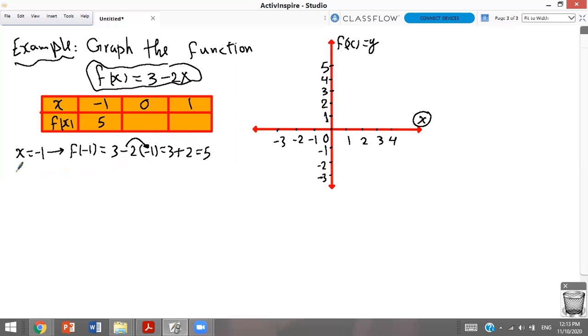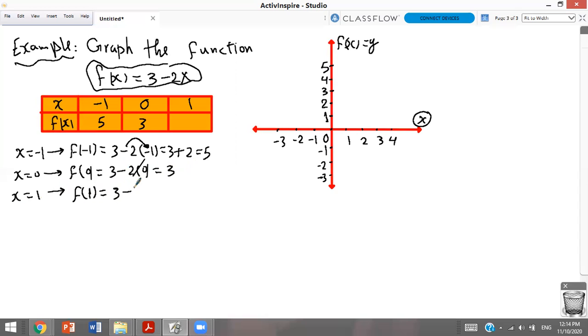What about x equals 0? It will be f of 0. Then 3 minus 2 bracket 0. Then 2 times 0 is 0. That means what? Only 3. What about x equals 1? It will be f of 1.